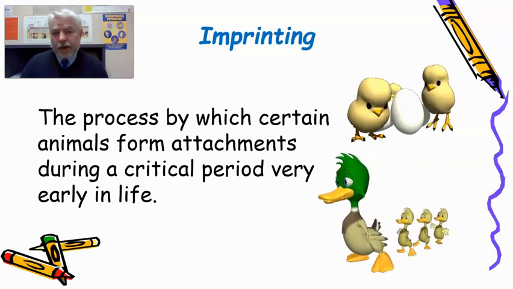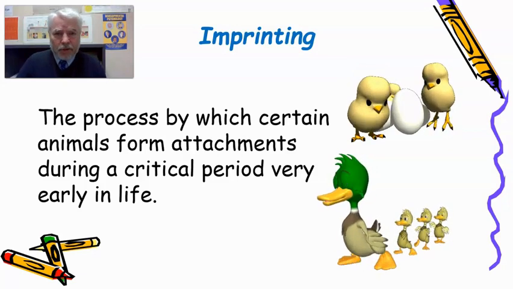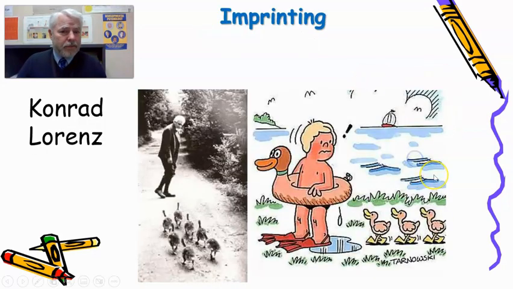In birds, for example, this imprinting occurs within hours of hatching. Konrad Lorenz was the first one to discover this. He was doing research on his farm where he was hatching out geese, and those baby goslings, because he was the one that was there when they hatched, began to follow him around instead of their mother.